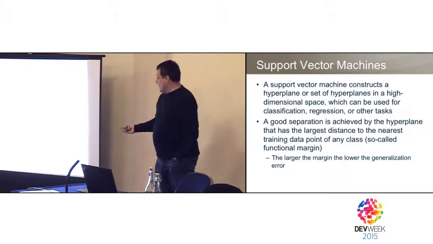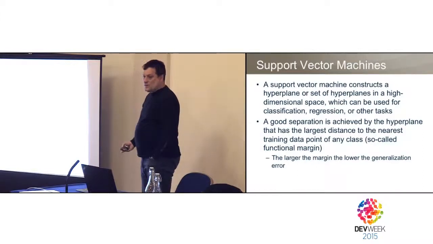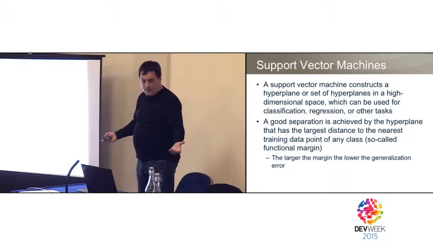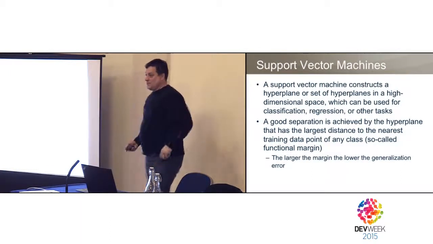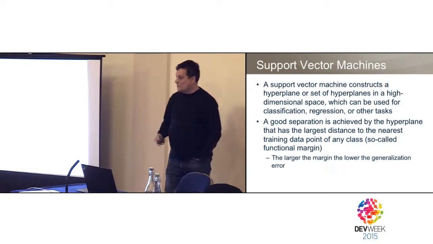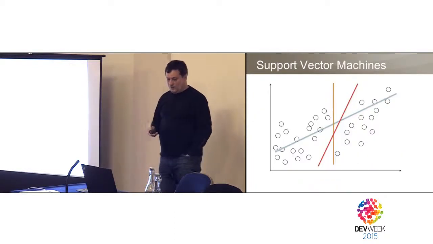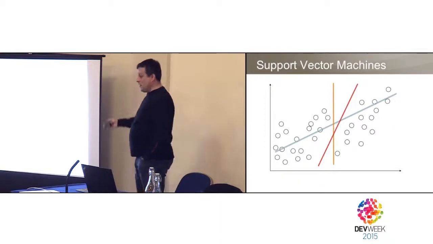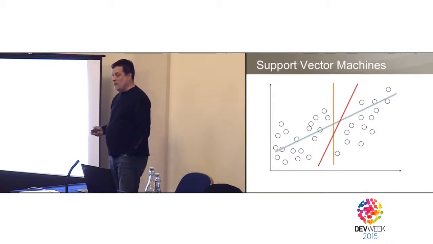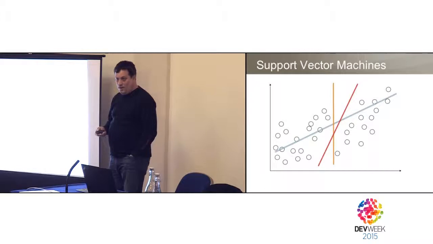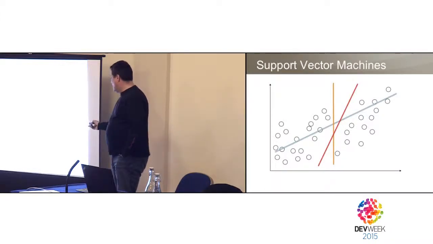If we go to two dimensions, instead of finding the line which has the lowest deviations from the points, we are searching for something different: a line that splits the data in such a way that the deviations are the highest. So imagine I have support vector machines. This would be kind of linear regression, the line that fits the data best. This is not what I'm searching for. First of all, it doesn't even split the data.